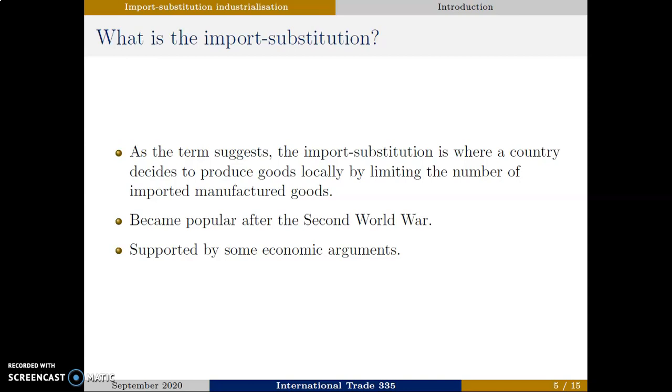The policy became popular after the Second World War because countries argued that if such a war or conflict broke out again, they needed to be self-sufficient. It is also supported at the time by some economic arguments like potential comparative advantage. Remind yourself what comparative advantage means in international trade.